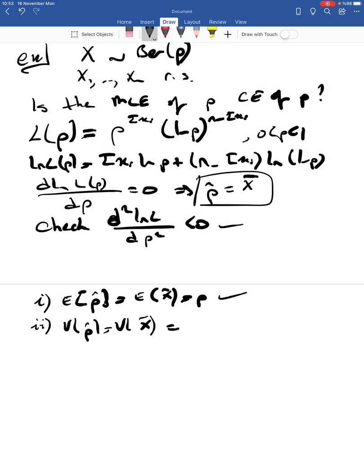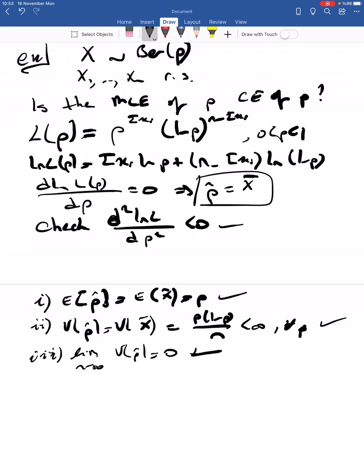For binomial, what is that? p times 1 minus p over n. So it is finite for all p values in this parameter space 0, 1. The third condition, limit as n goes to infinity of variance of p hat equals 0. So this condition is also satisfied.